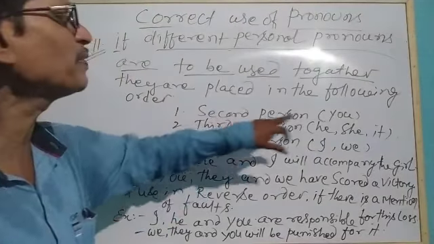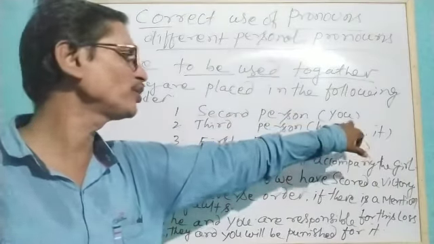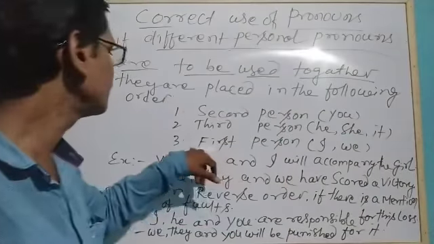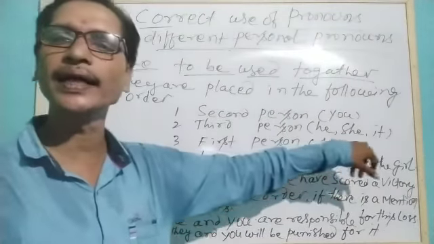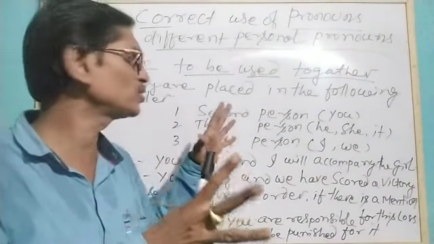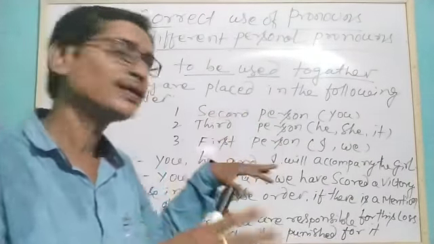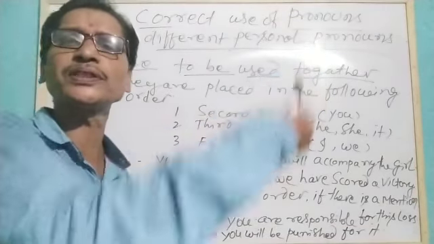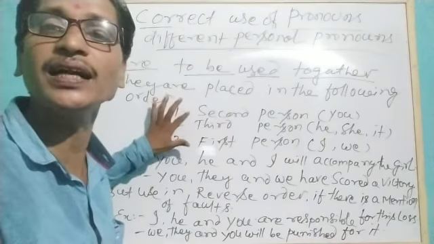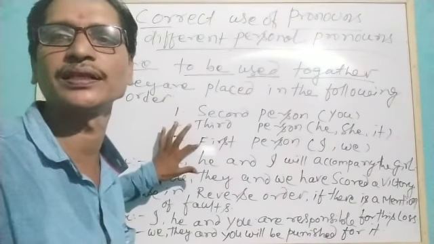In the second person we have the pronoun you, in the third person we have she, he and it, and the first person is I and we. So when all such personal pronouns are used in one statement, we should mention them in this order: second, third and first person.